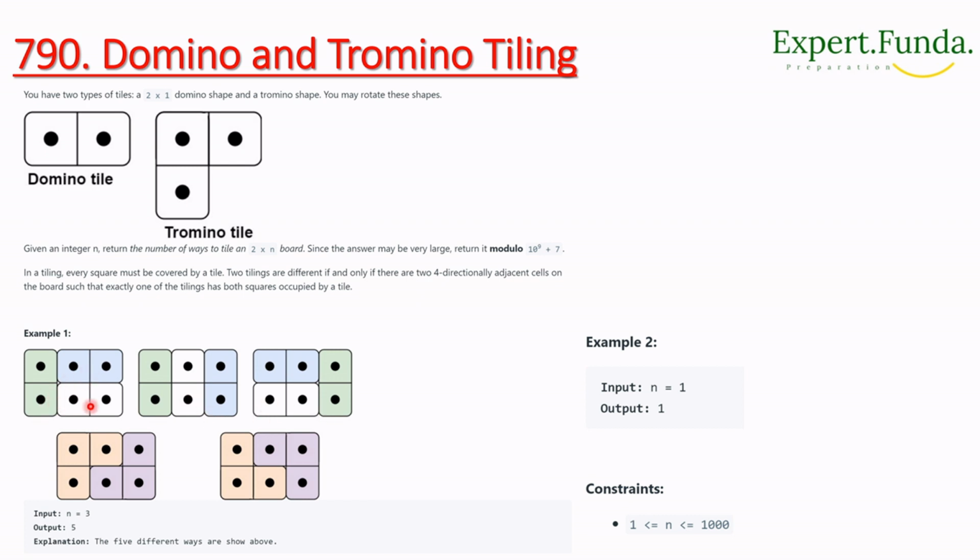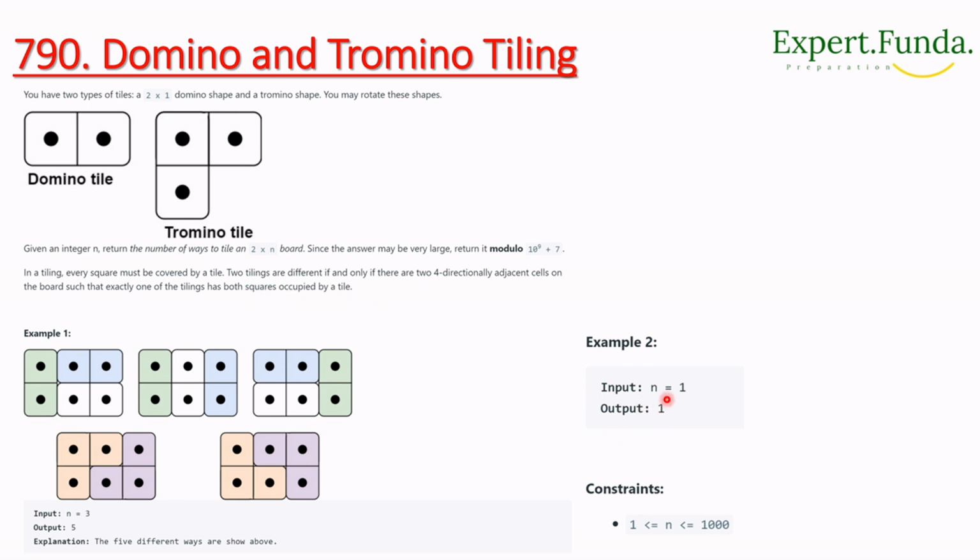Similarly, you can see that at least two sides are occupied, this side is occupied, this side is occupied. In all the places both squares are occupied by tiles.